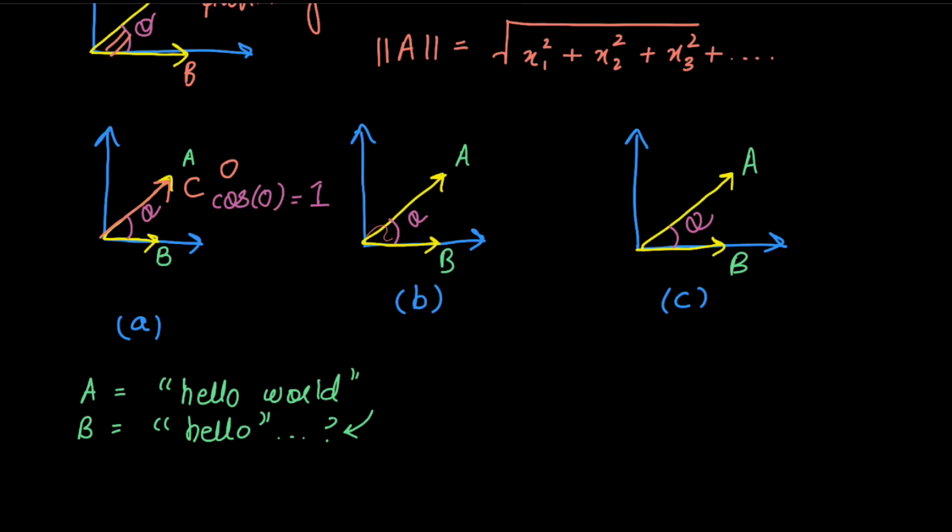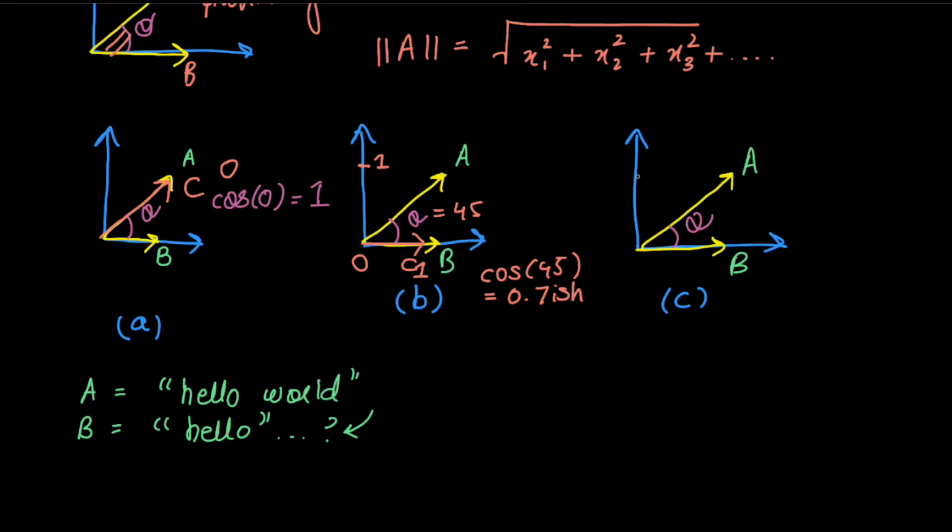Now, let's say this very same vector aligns with C. Given that this is 1 and this is 0, then this would be 45 degrees to be exact. So cos of 45 degrees would be 0.7-ish.